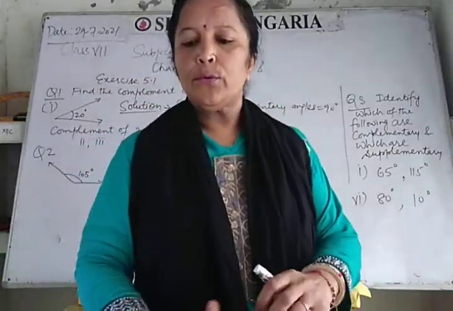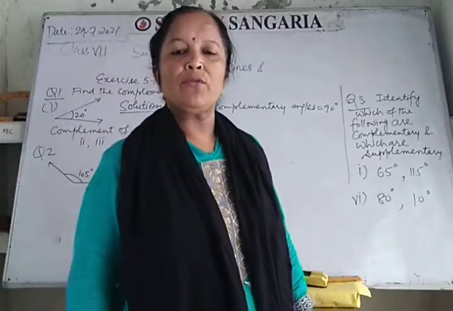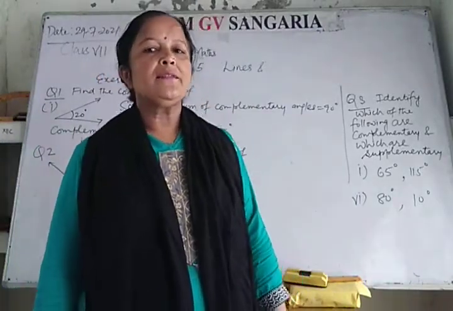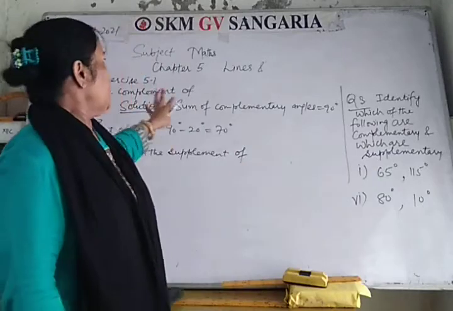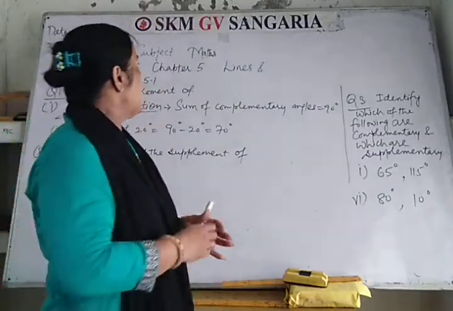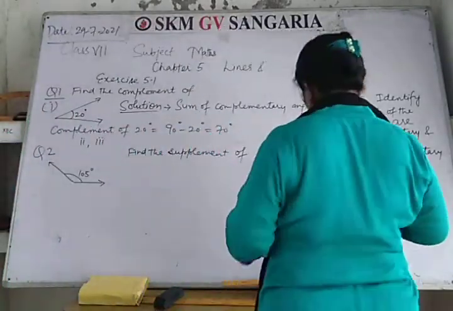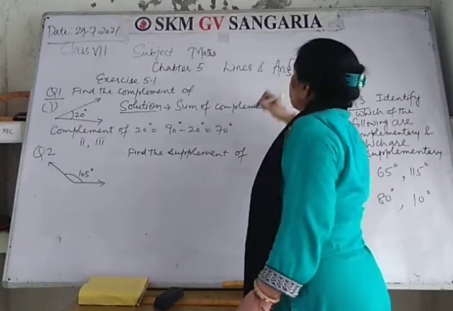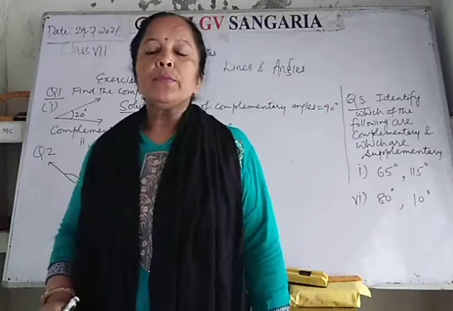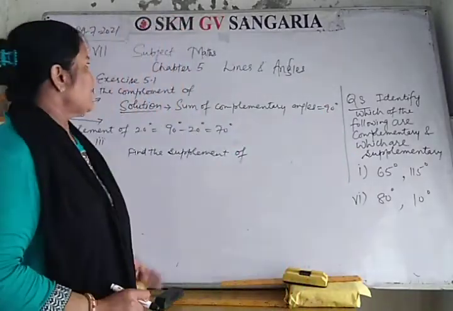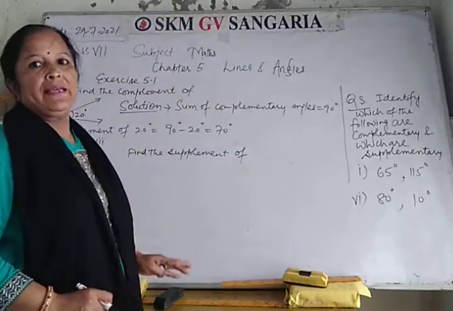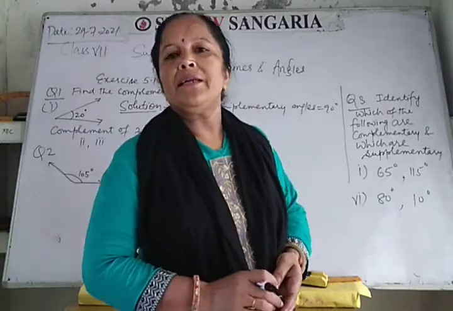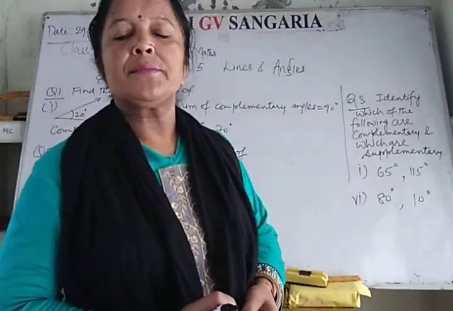Today I am going to teach you chapter number 5 of your NCERT Maths book. I have taken today exercise 5.1, chapter number 5, lines and angles. Here the problems are based on complementary angles and supplementary angles.